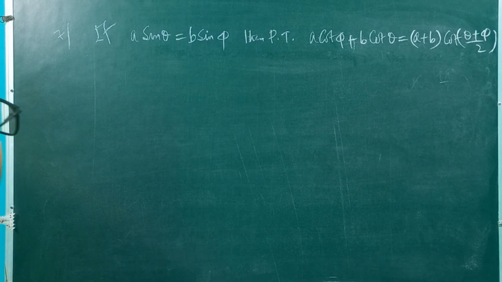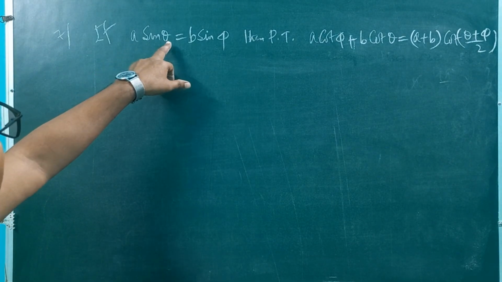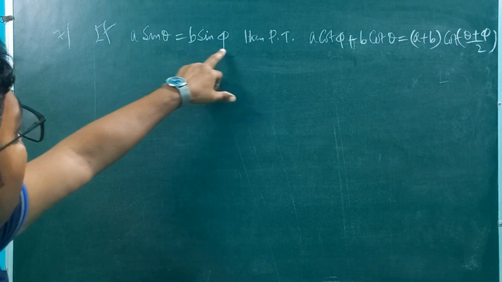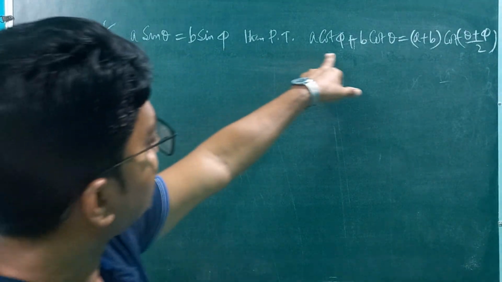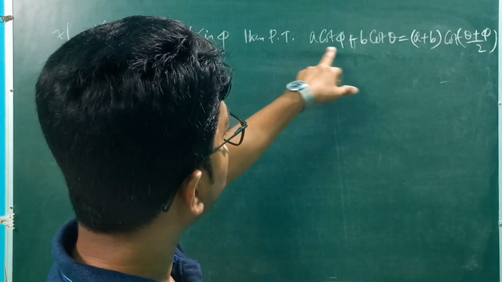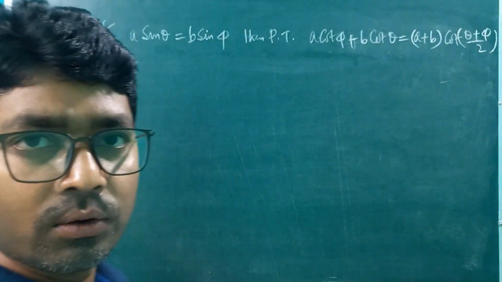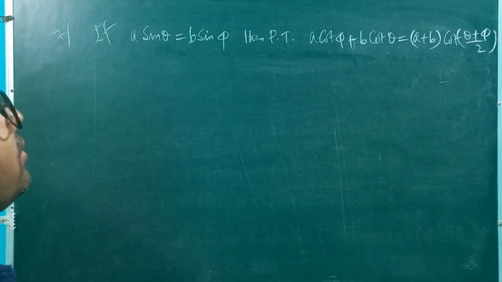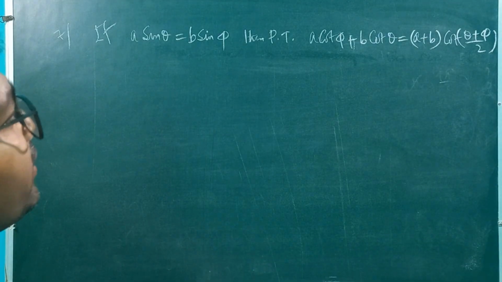See, first of all, here theta is combined with a and phi is combined with b, but in what we have to prove, phi is combined with a and theta is combined with b. So first we will adjust a and b with theta and phi.